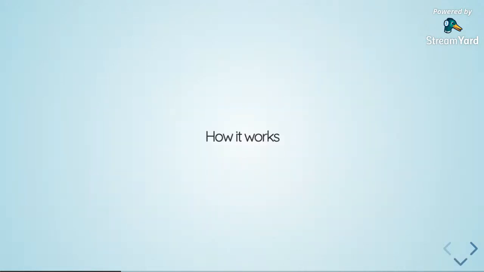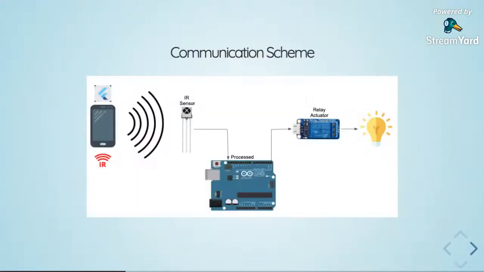Okay, first I'm going to explain in a nutshell how it works. This is the communication flow. On the left, the smartphone is installed with the Flutter app, and the smartphone has to have an infrared blaster in it, which transmits an infrared signal.